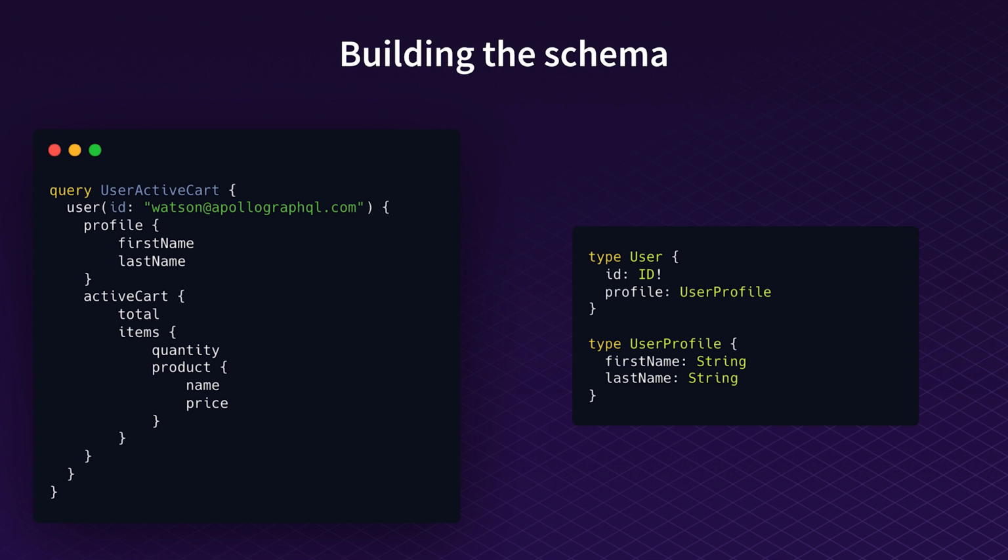Now, one question I always get: for our user, we have lots and lots of fields on that type. Should we just add them all? Or in the user profile, should we add them all? Probably not. I would only add the fields that you need for your use cases. As you add in more fields over time, what tends to happen is there's fields that just don't get used.